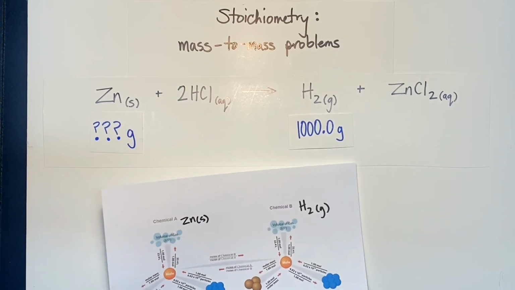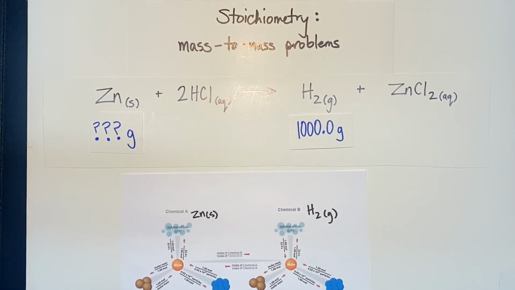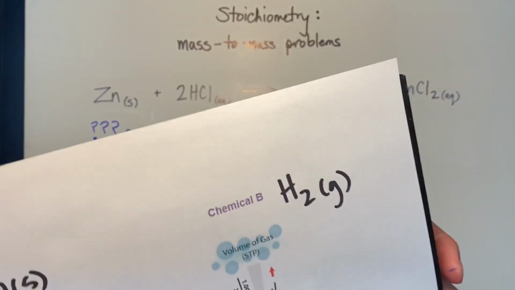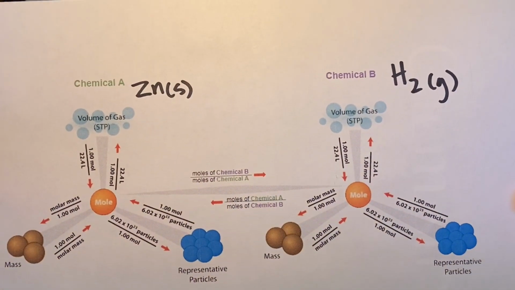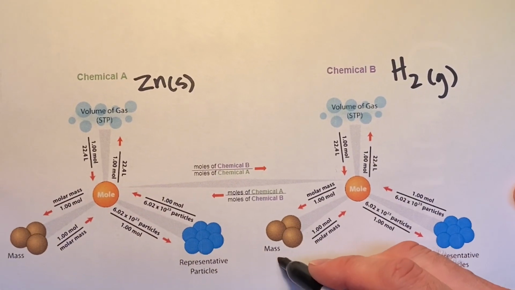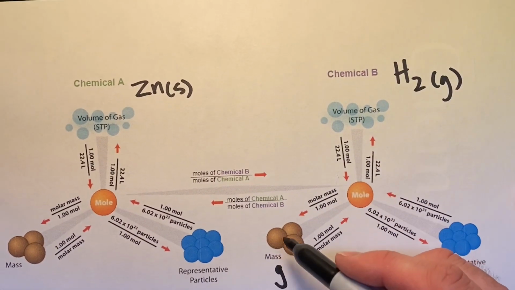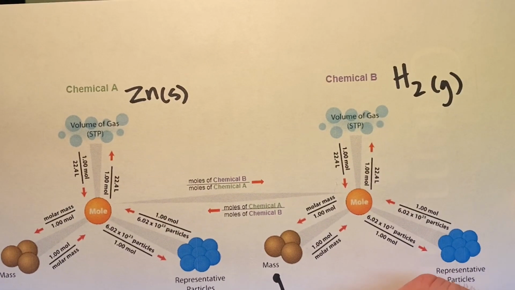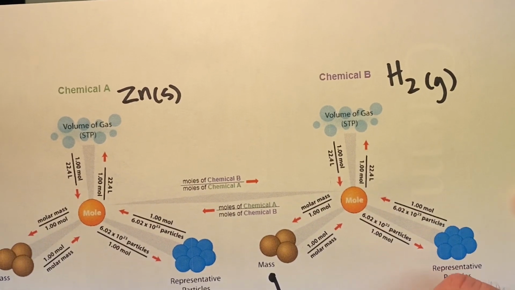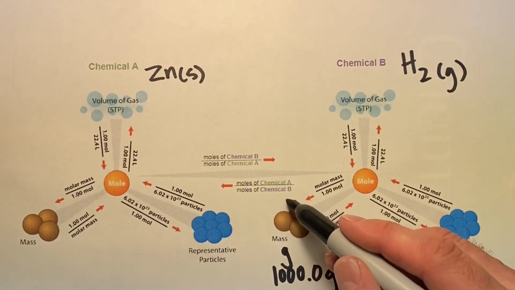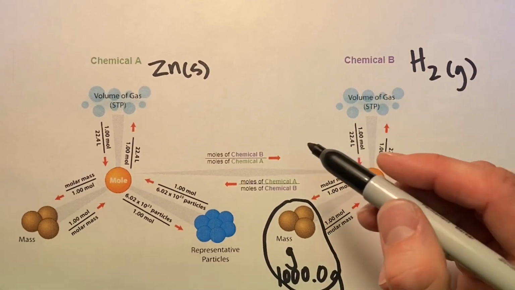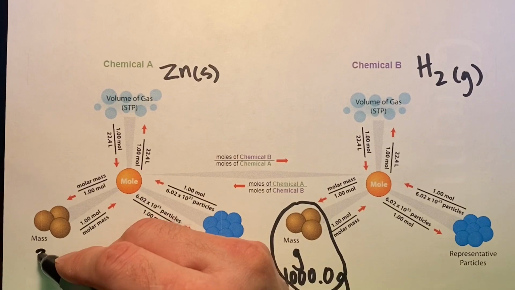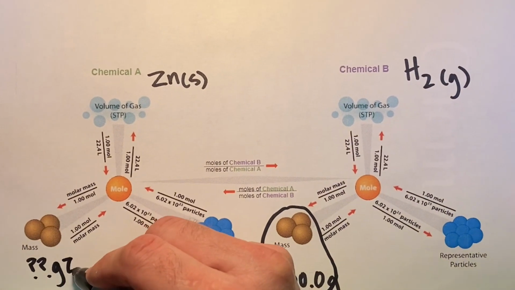Now, I personally like to identify where I'm starting and where I'm ending in the molar conversion triangles of science. So we are starting at grams of hydrogen gas. They give us 1,000.0 grams. So we are starting here at mass of hydrogen gas. And we want to end up over here at grams of zinc.